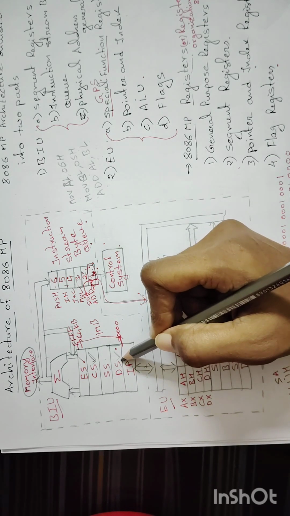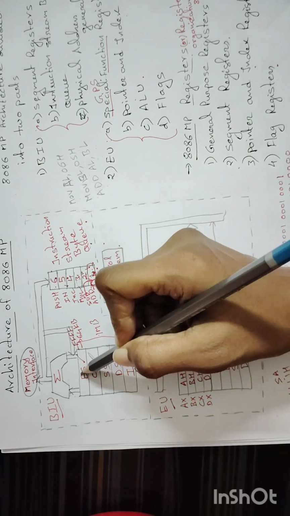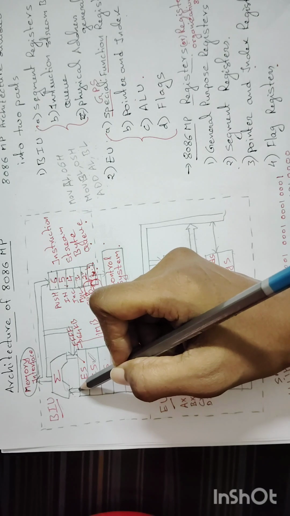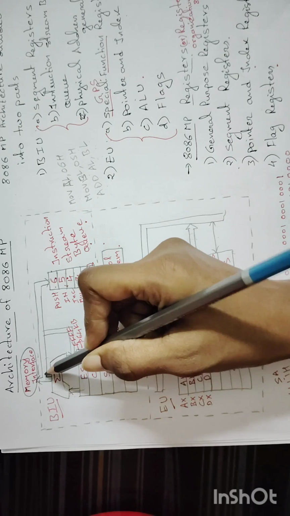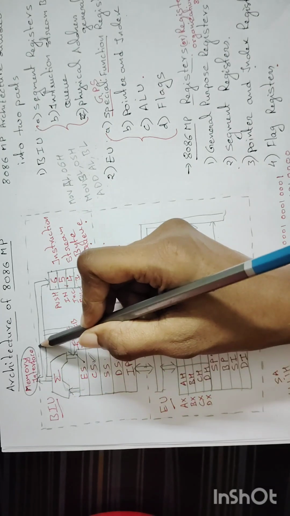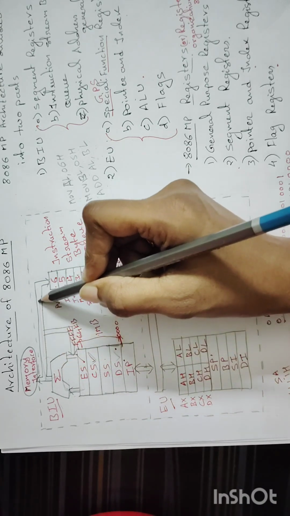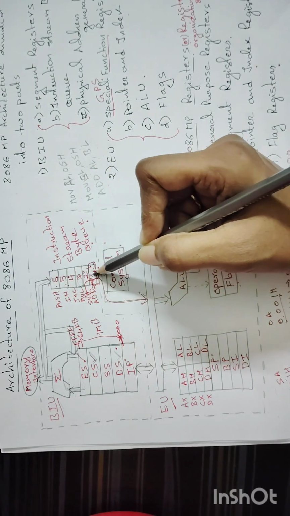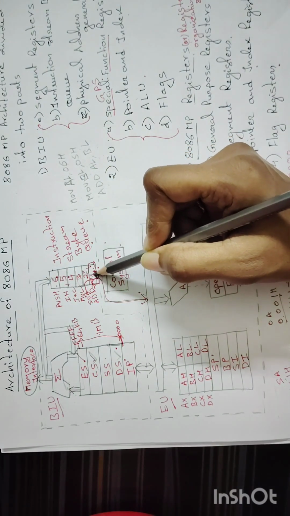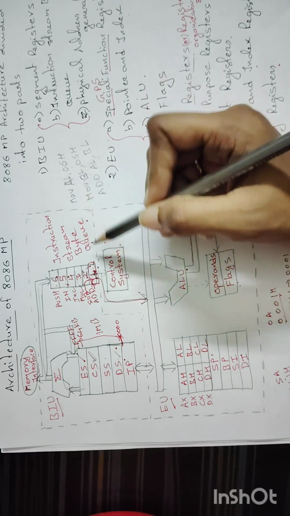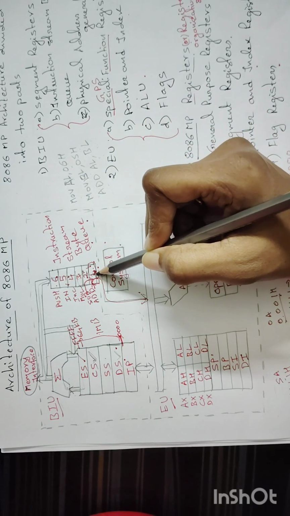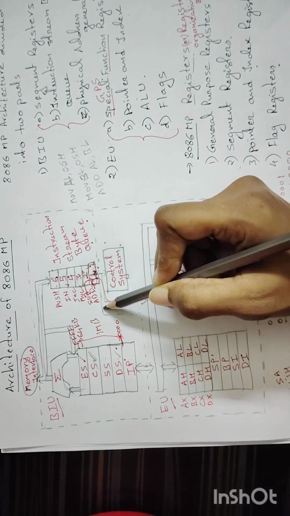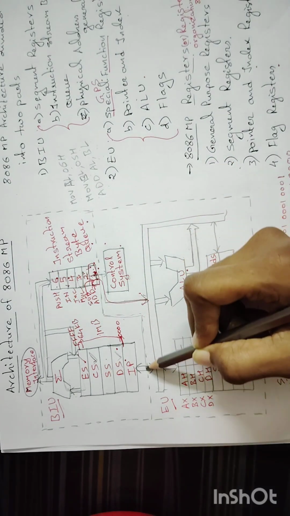After storing this, it generates a physical address, and the first instruction, MOV AL, 06H, goes through the bus and is stored in the first byte. The 06 byte is again sent to the execution unit.